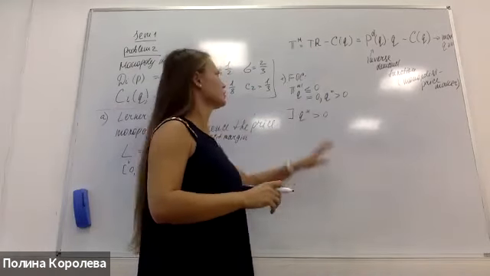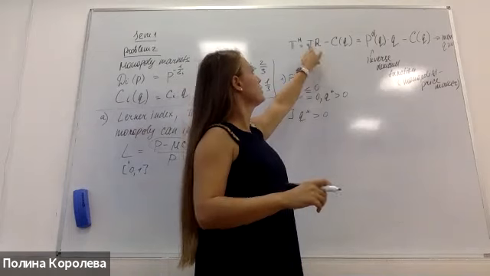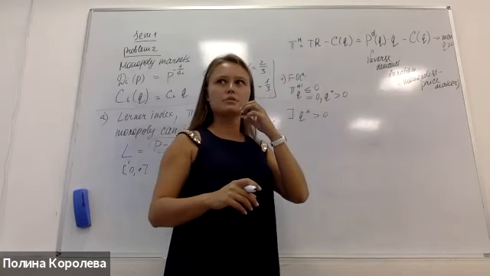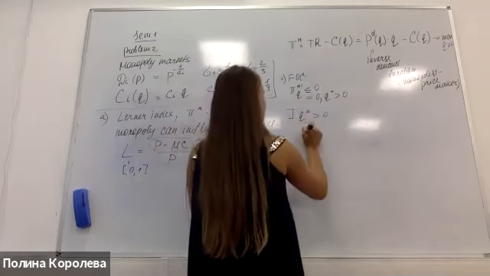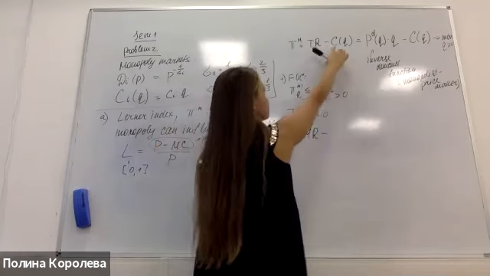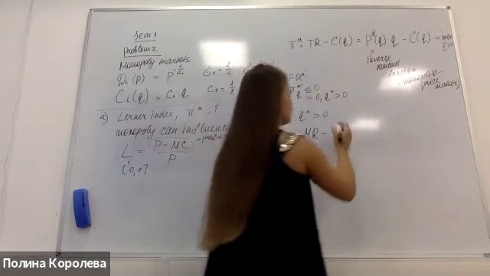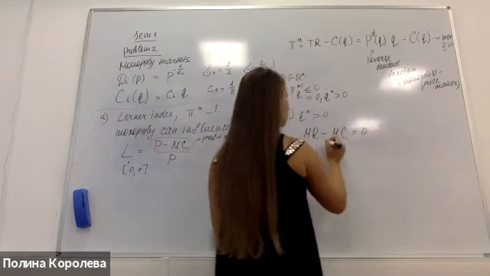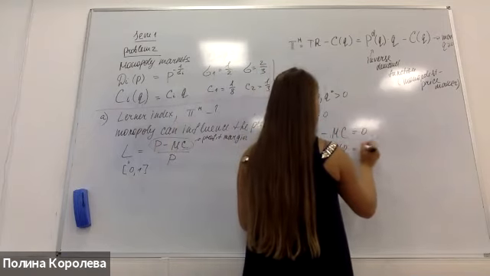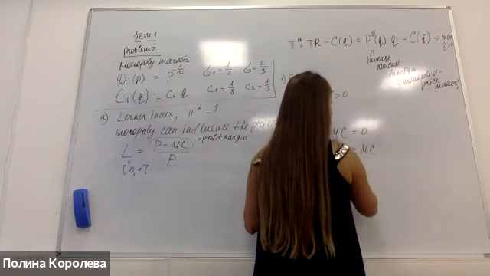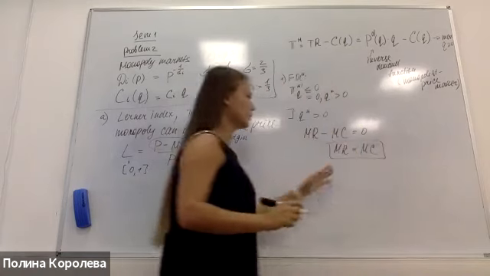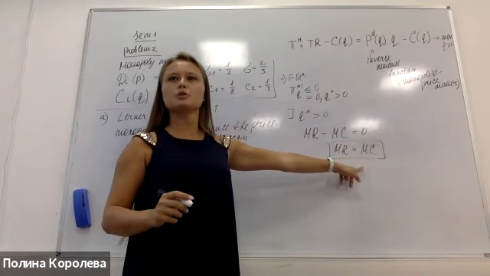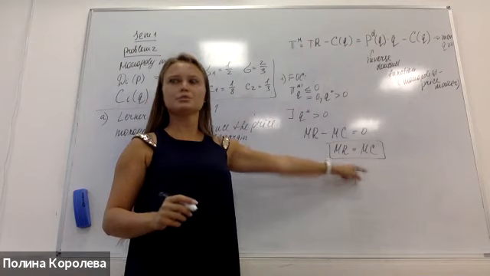The derivative from total revenue, as from total cost, is marginal revenue. Marginal revenue minus the derivative from total cost, which is marginal cost. For interior solutions it should be equal to 0. So marginal revenue is equal to marginal cost. MR equals MC, this formula is even on the coat of arms of economists, if you look closely.